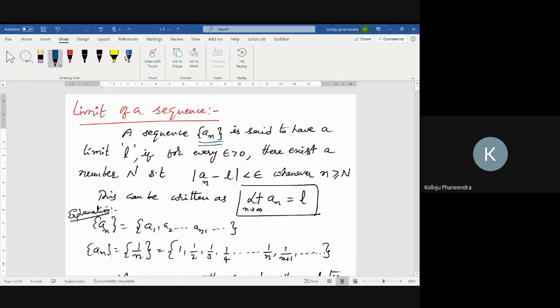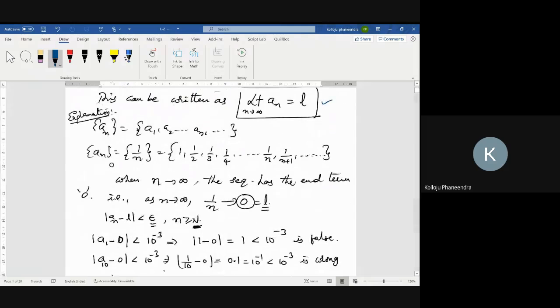The sequence an is said to possess a limit L if for every epsilon greater than 0, epsilon is a very, very small positive value, there exists a natural number n such that the absolute value of the difference between an and L is very, very small after some particular terms in the sequence. So this definition is simply written as limit an as n tends to infinity equal to L.